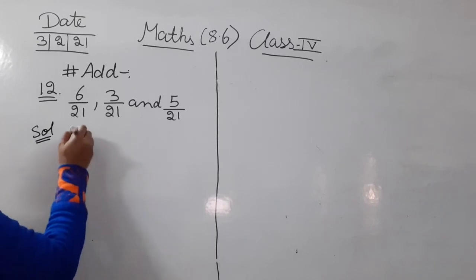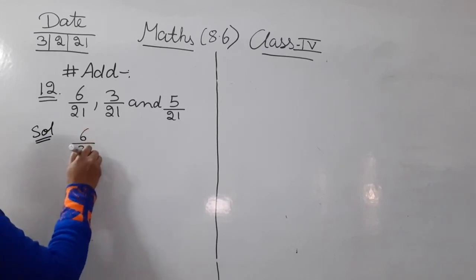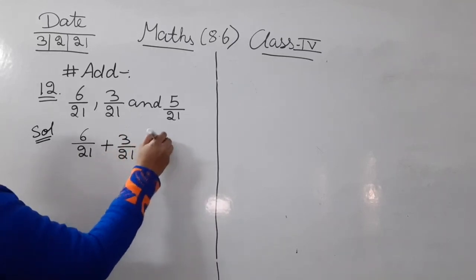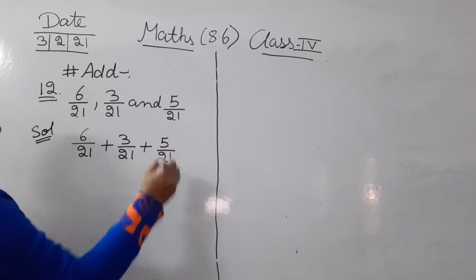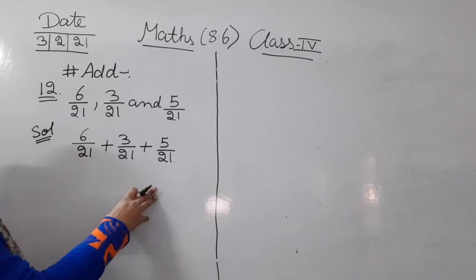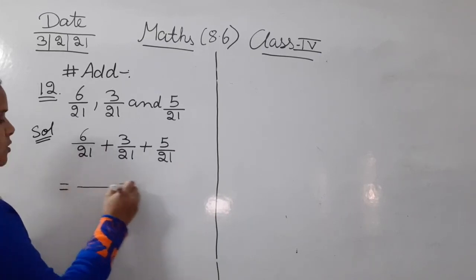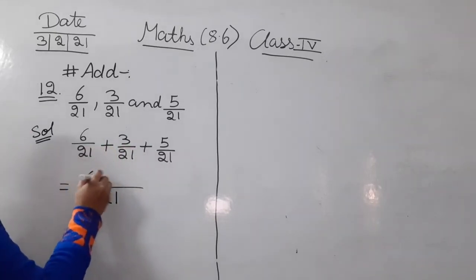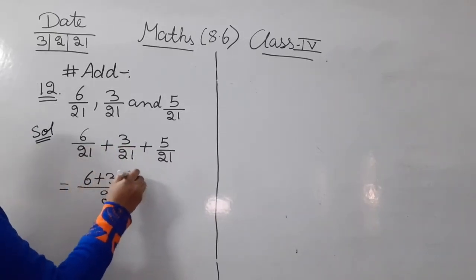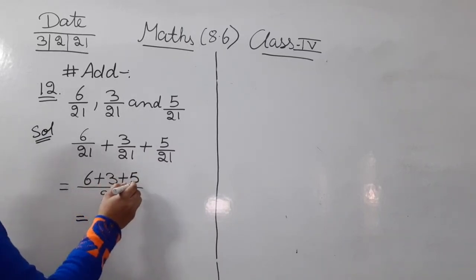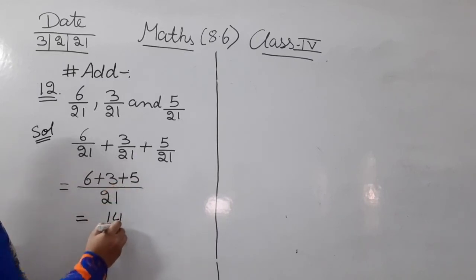So let's add them: 6 upon 21 plus 3 upon 21 plus 5 upon 21. As these three are like fractions, we will take 21 as the common denominator. Now add the numerators, 6 plus 3 plus 5. 6 plus 3 is 9, 9 plus 5 is 14. The denominator will be the same, that is 21.